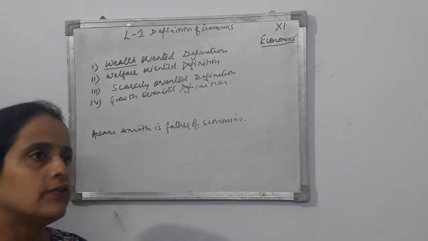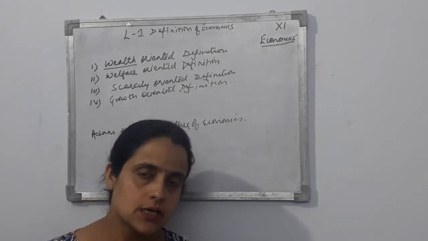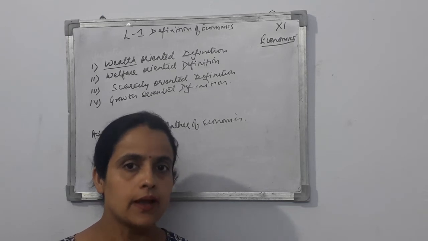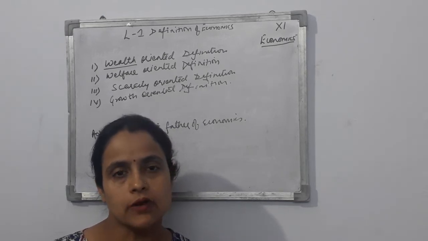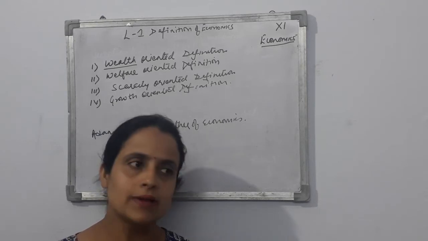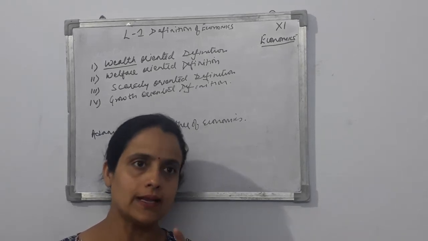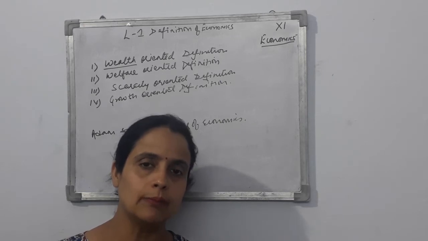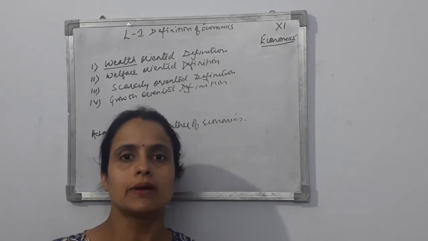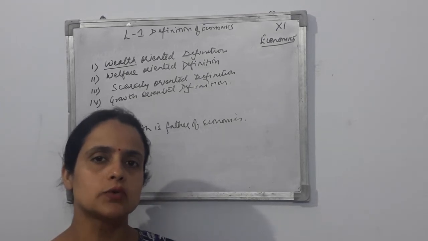Now the second definition, there were many economists who did not agree with what Adam Smith said, right? So one of them was Alfred Marshall. Alfred Marshall said that though wealth is an important concept, if you say that economics is totally related to wealth, then it is going to be wrong.